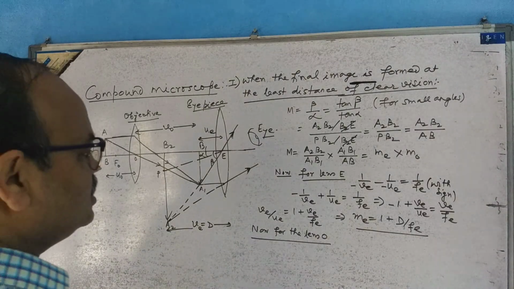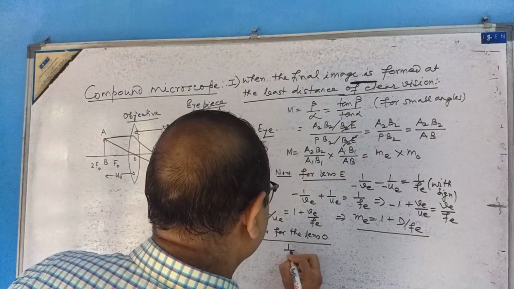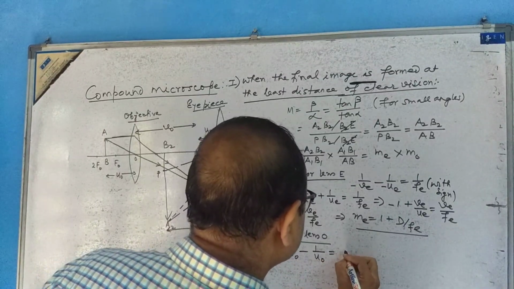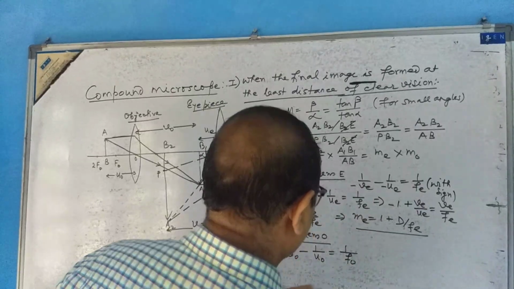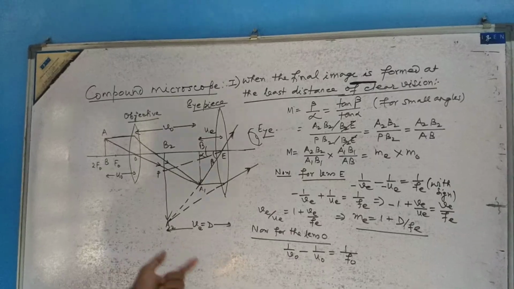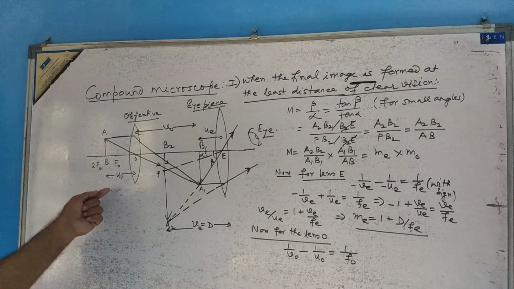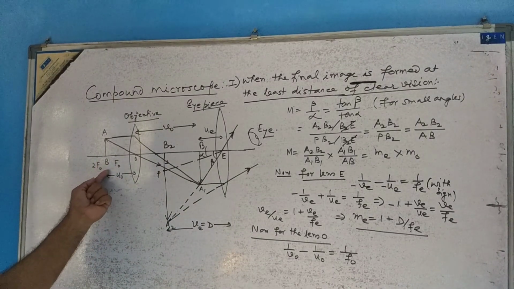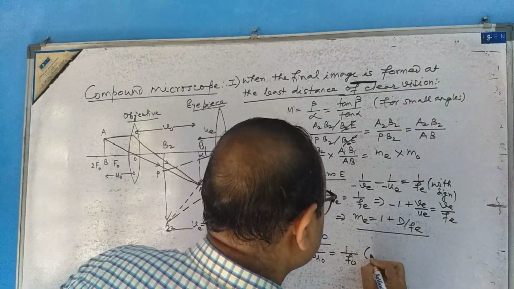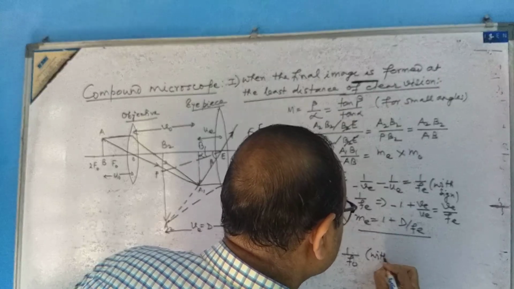It will be 1 by VO minus 1 by UO is equal to 1 by F1. Obviously, for the lens O, it will be like this. Let us apply sign: UO is negative, VO is positive. So I can write minus here. Again I write with sign.